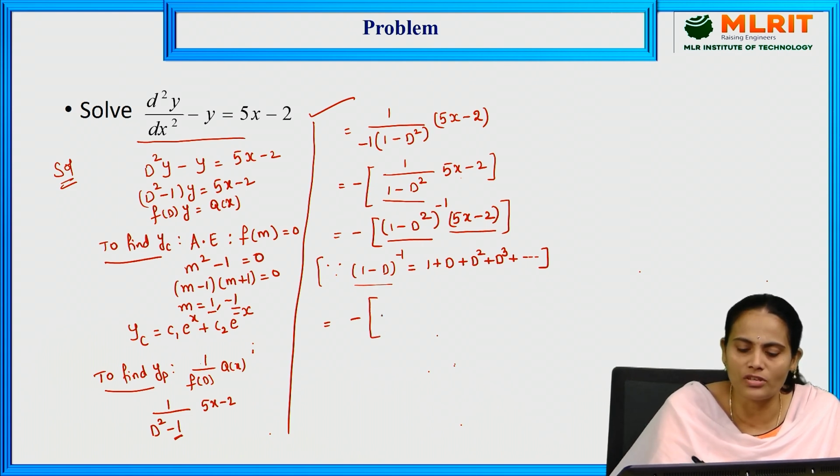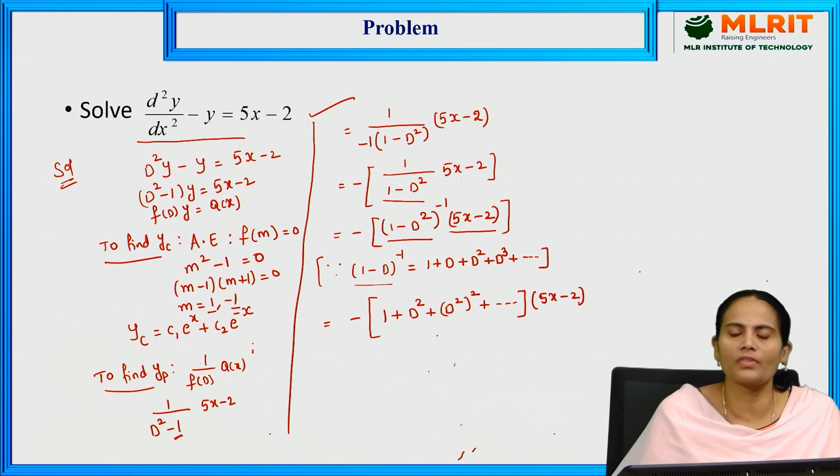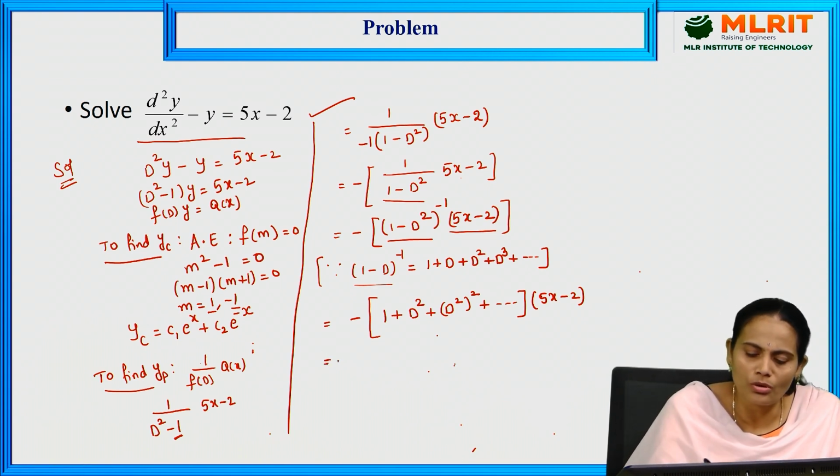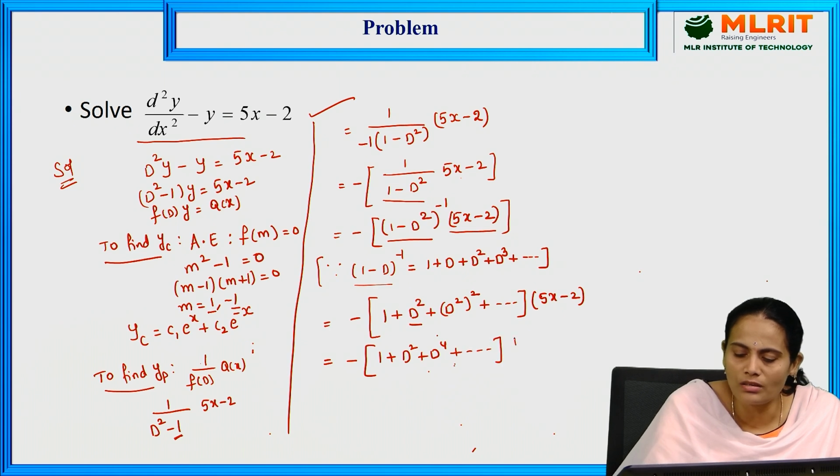So 1 plus D square plus (D square) whole square plus and so on into 5x minus 2. Right, so no need to take D square, D power 4 and so on. So 1 plus D square plus D power 4 plus and so on, into 5x minus 2.